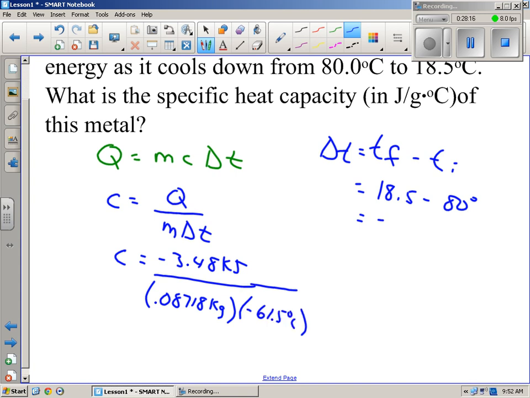So that there, and just basically figuring that out there. So what do we got here? Negative 3.48 divided by 0.08718 times negative 61.5.